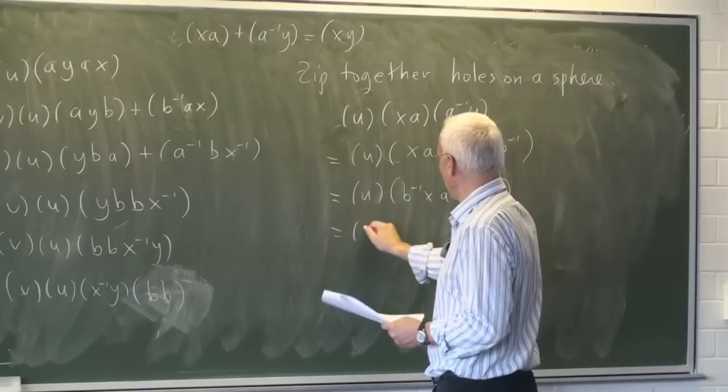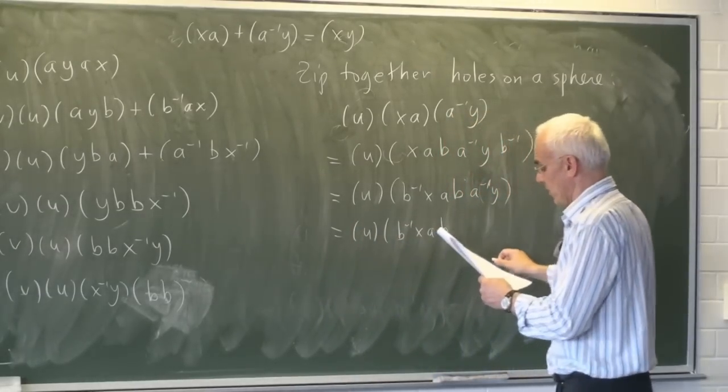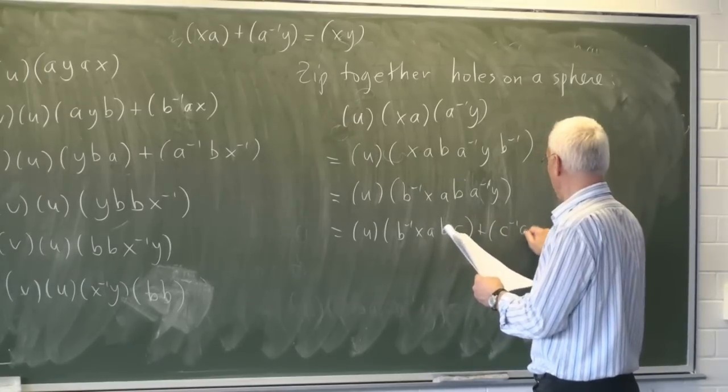And then U, B inverse X, A, B, and I'll separate right here, putting in a C plus a C inverse.